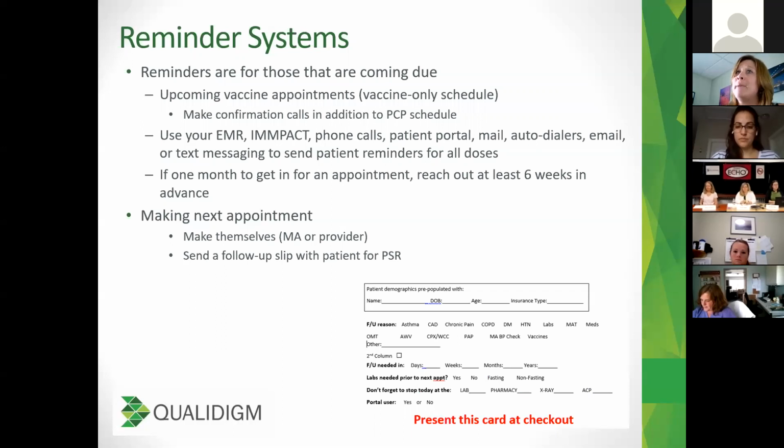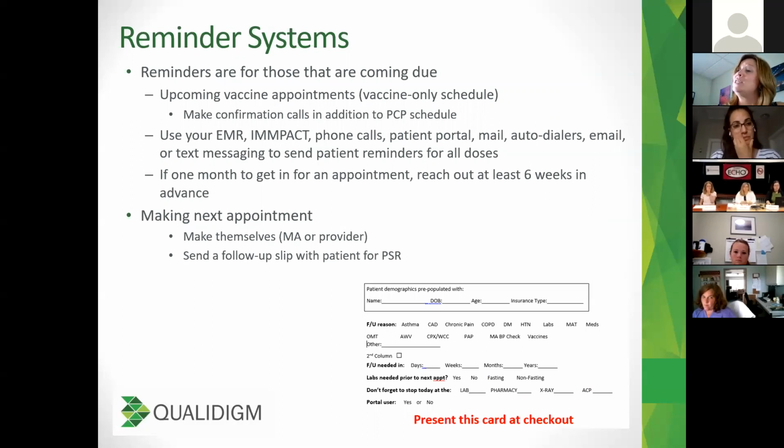I would recommend, if you're setting up a reminder system, that you tailor the reach out to patients ahead of time based on how long it's going to take to get that service. As an example, I hope it's not 6 weeks to get them in for an appointment, but let's say it is. It's 6 weeks for a provider to get them in for their well child and vaccines.